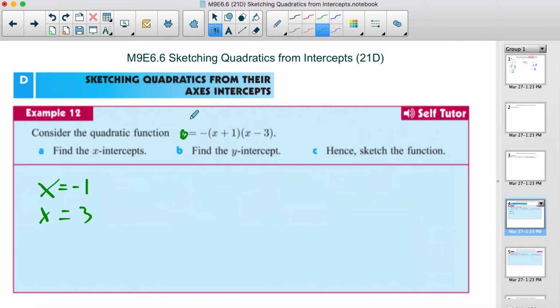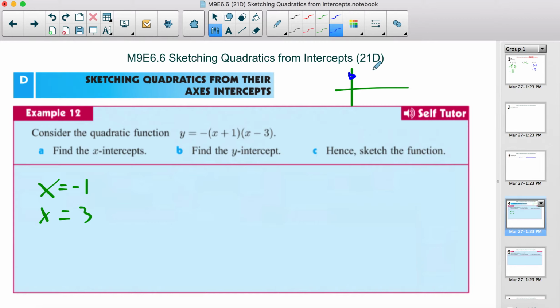Right? Find the y-intercept. Okay, well, if we need to do that, we need to expand this. And so this would be, I'm going to ignore the negative for a second, x squared. Oh, it may be easier with the y-intercept. The x value is 0.